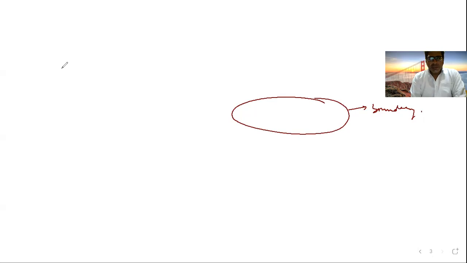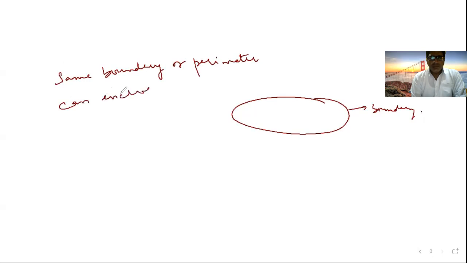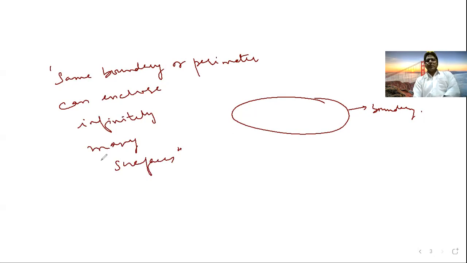I specify it by writing: same boundary or perimeter can enclose infinitely many surfaces. This is important. Same boundary or perimeter can enclose infinitely many surfaces.